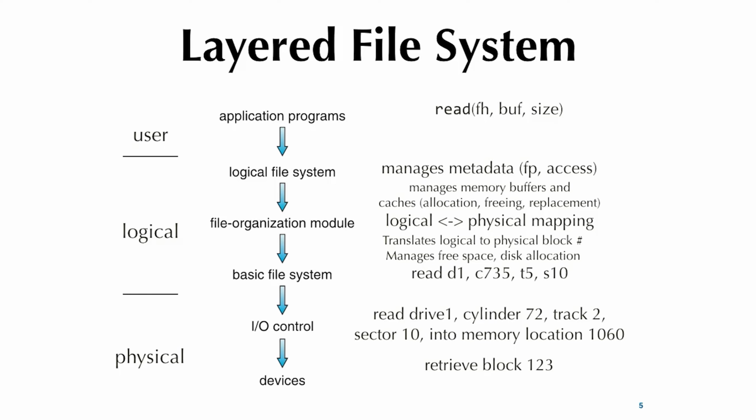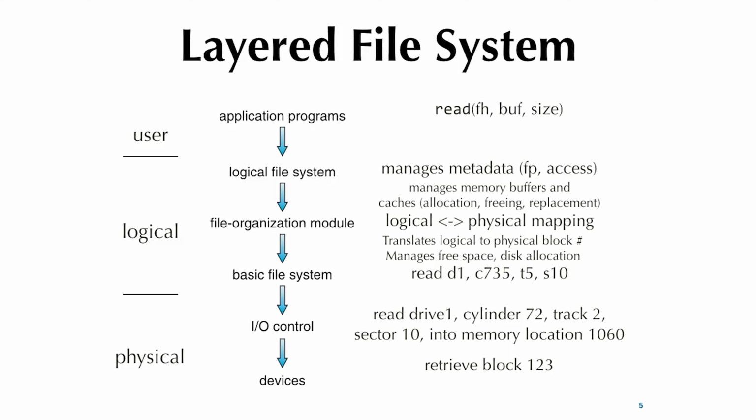It also performs allocation, freeing, and the replacement policy, right? And below the logical file system, you have file organization modules, and that would perform the mapping between logical and physical concepts.